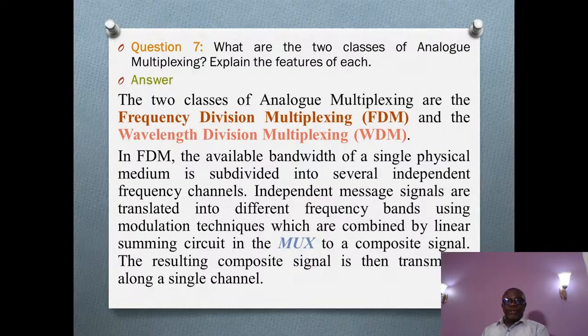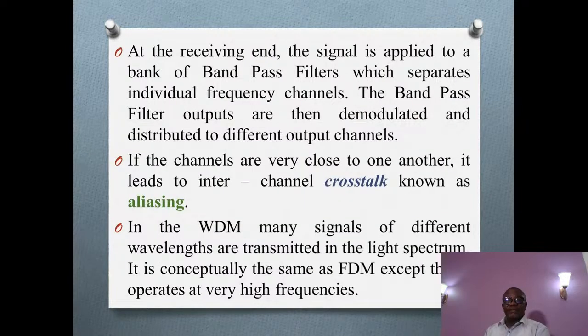In FDM, the available bandwidth of a single physical medium is subdivided into several independent frequency channels. Independent message signals are translated into different frequency bands using modulation techniques, which are combined by linear summing circuits in the MUX into a composite signal. The resulting composite signal is then transmitted along a single channel.